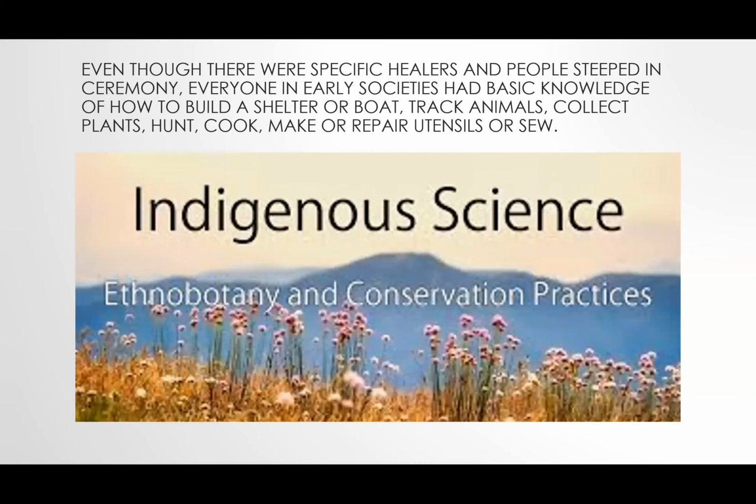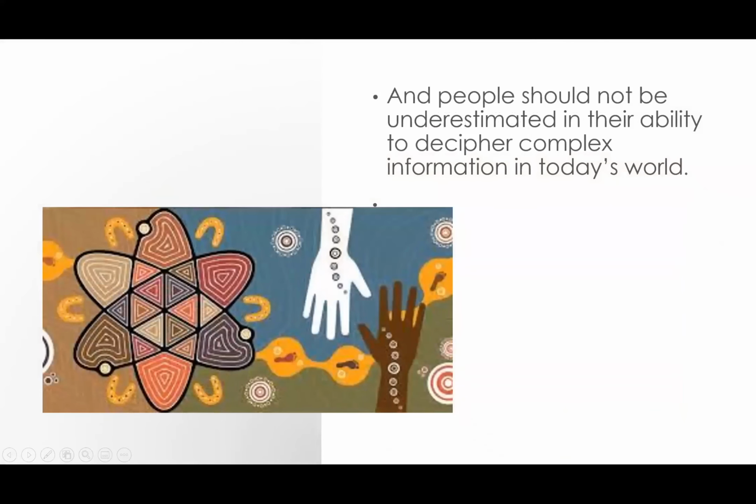Even though there were specific healers and people steeped in ceremony, everyone in early societies had basic knowledge of how to build or shelter a boat, track animals, collect plants, hunt, cook, make or repair utensils, or sew. And people should not be underestimated in their ability to decipher complex information in today's world.